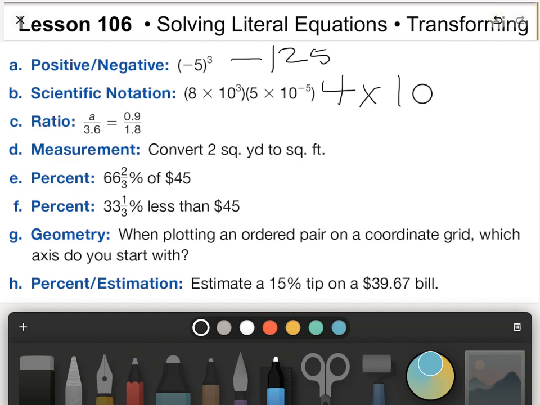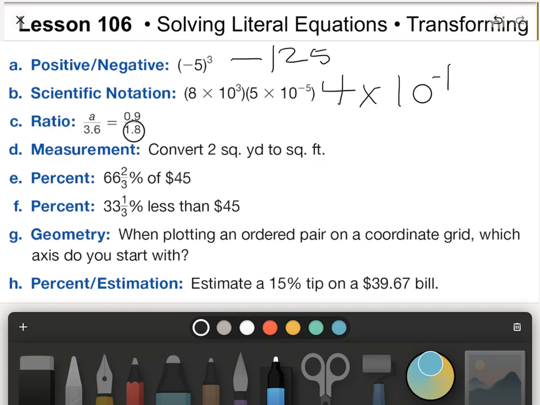So times 10, and those 2 values combined come to negative 2, but we divided this by 10. So it's actually to the power of negative 1, which is 1/10, which basically makes this 4/10 in scientific notation.